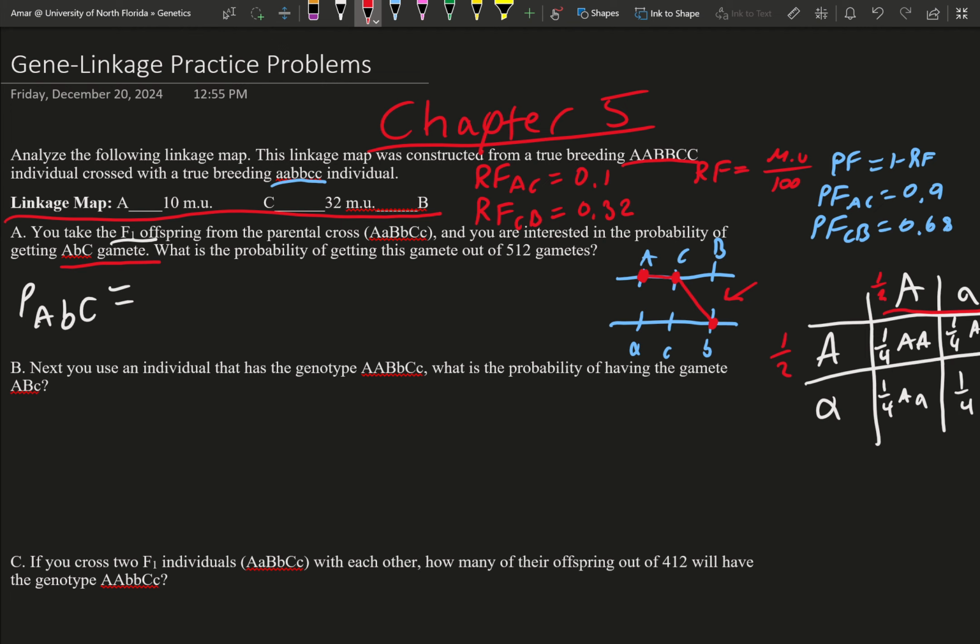But when you stay on the same homologous chromosome, like between A and C, we're going to use the parental frequency. So the equation to figure out the probability of getting this gamete is: we use the parental frequency between A and C, so 0.9, and multiply that by the recombination frequency between C and B, which is 0.32.